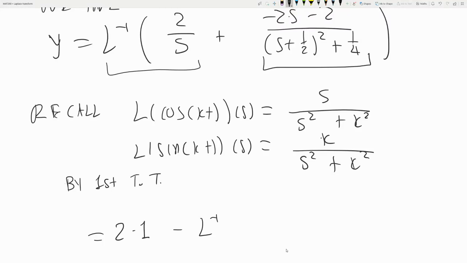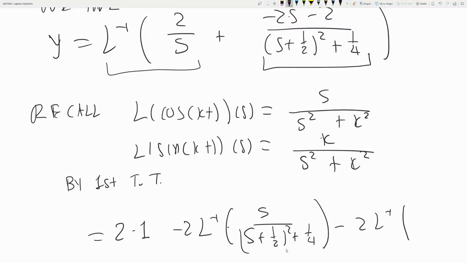So minus 2 times s over s plus a half, and minus 2 Laplace inverse of, so I need 1 over 2, and I multiply by it.